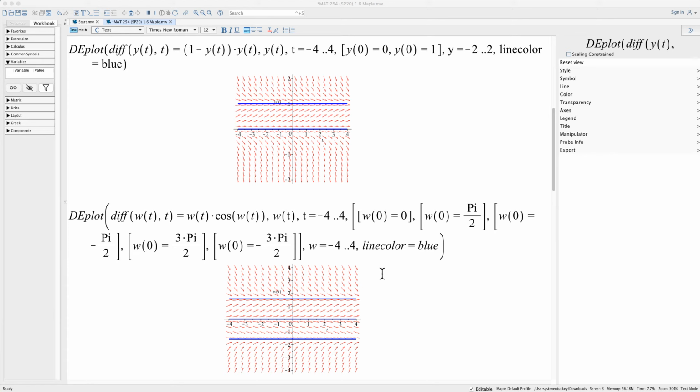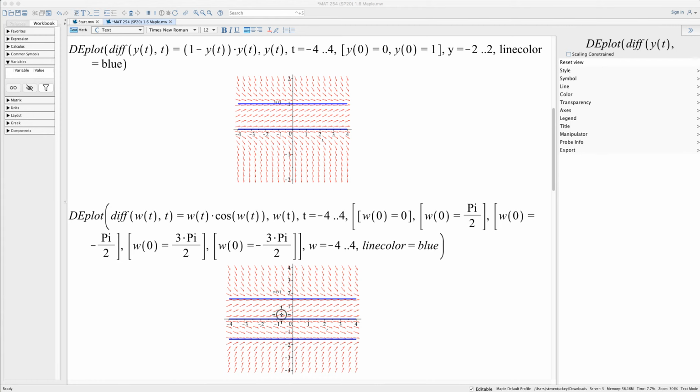And the cosine of w times w problem, I didn't draw all of the equilibrium solutions, but I gave us a view of right around w equals 0.